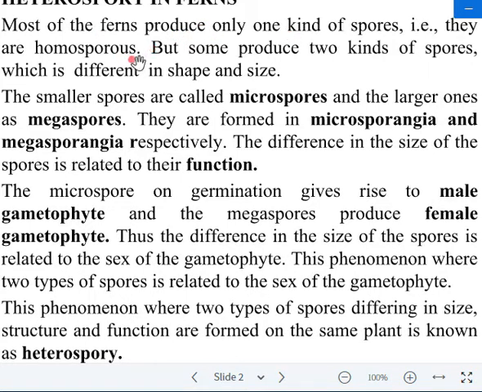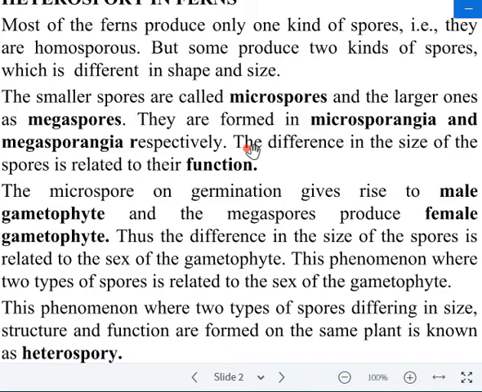They are known as homosporous fern, but some produce two different types of shape and size of spores, known as heterosporous fern. The smaller spores are known as microspores and the larger ones as megaspores. A lot of microspores are produced within the microsporangium on the under surface of the microsporophyll, and megaspores develop respectively within the megasporangium in limited number.